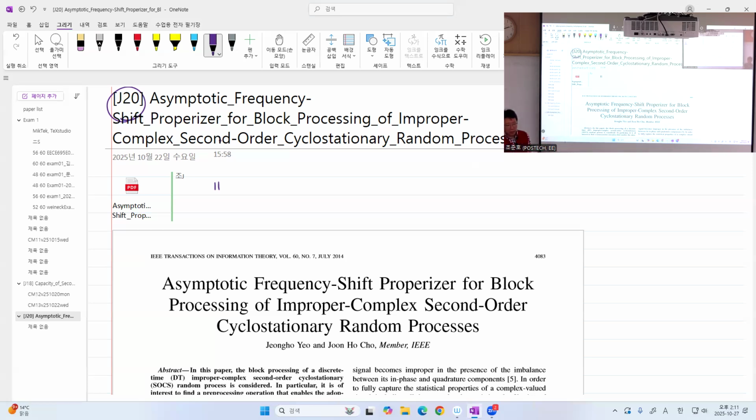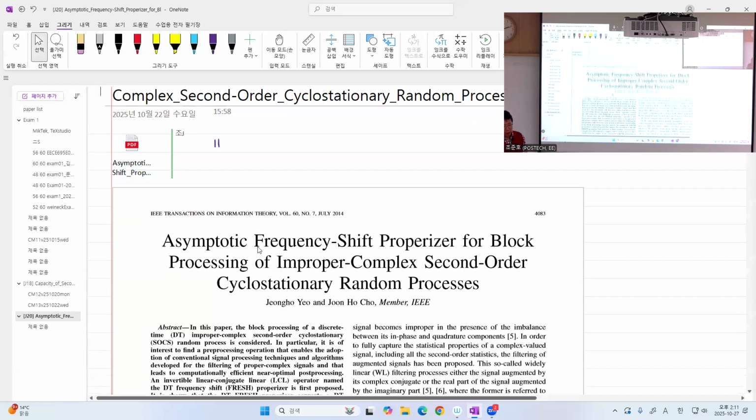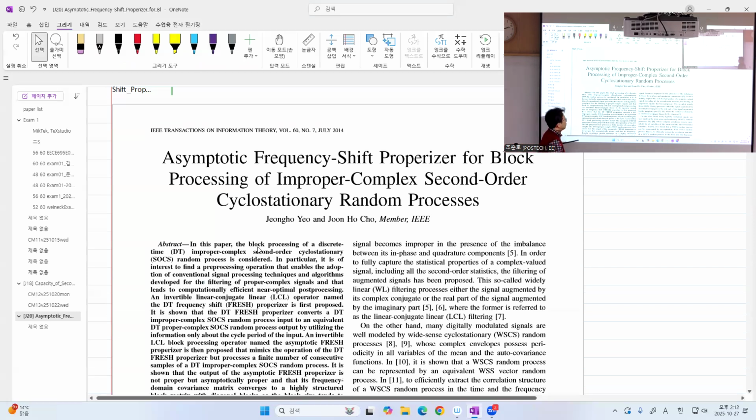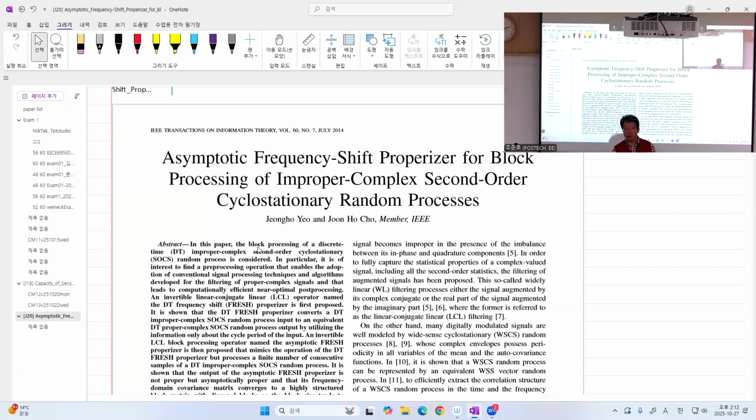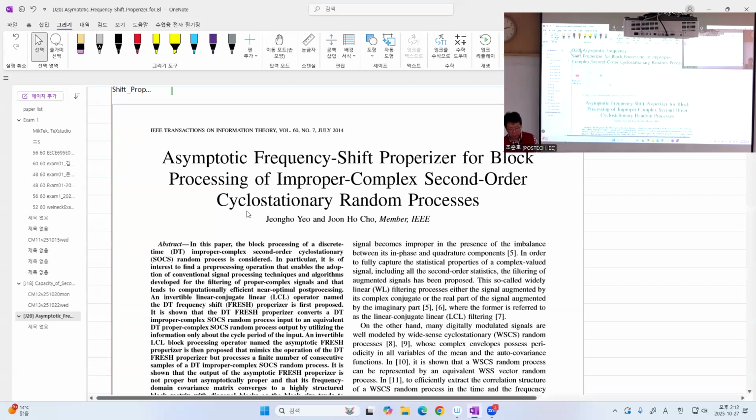Anyway, this paper was very lucky to pass the review process, because it contained very, very interesting, strikingly new results. And what is that?